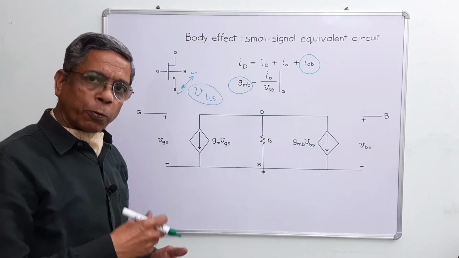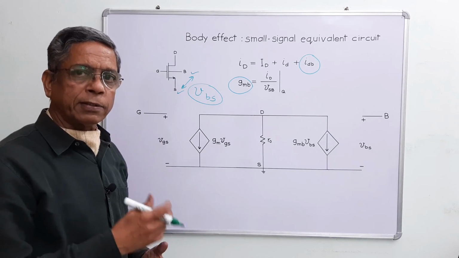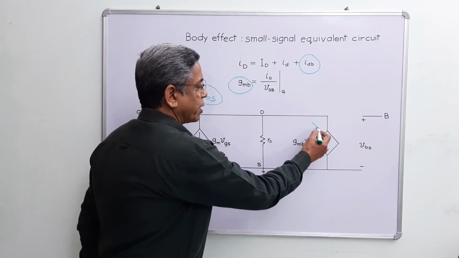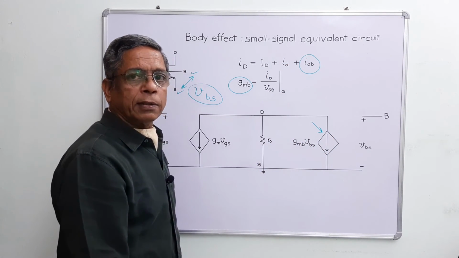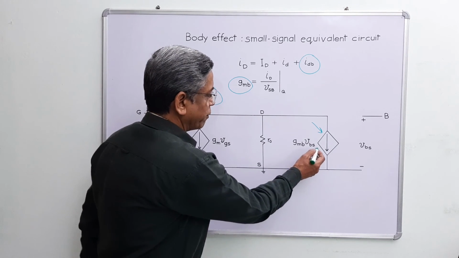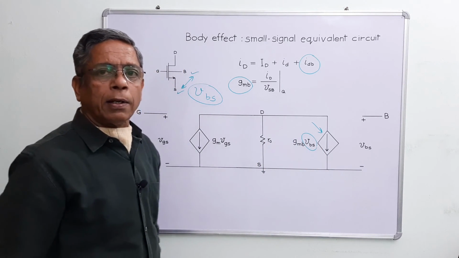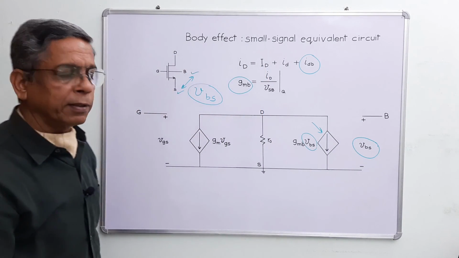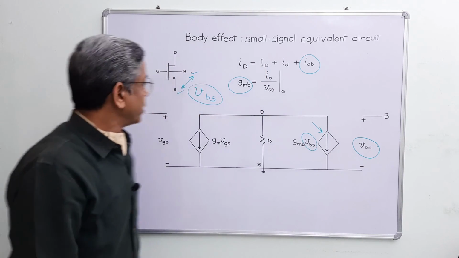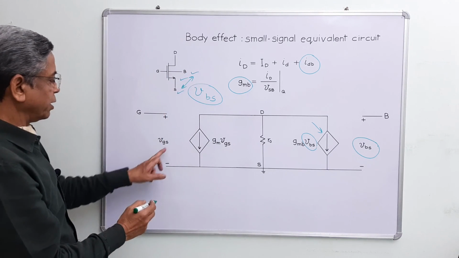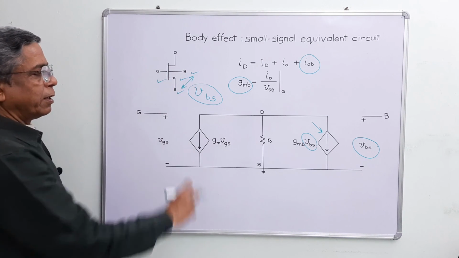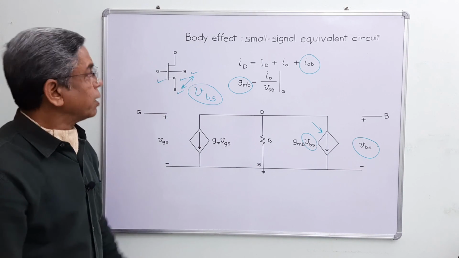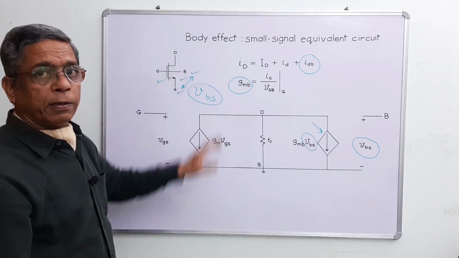Now, we can incorporate the body effect in the existing small signal equivalent circuit by inserting one current source. This is because of the body effect, and also including the input voltage between B and S. This potential difference is here and this potential difference is here. So this is a comprehensive model incorporating the body effect for the MOSFET.